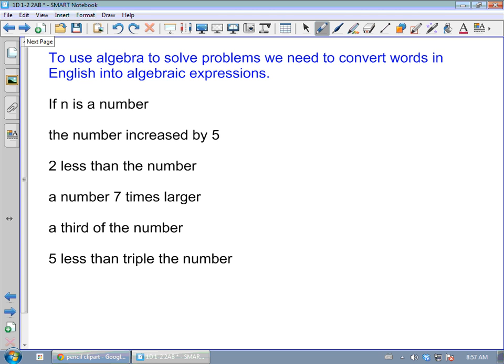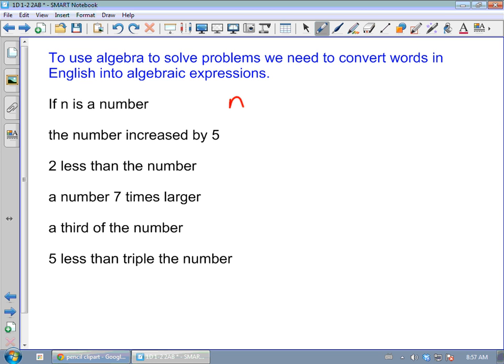Now, where we're going to use these things, we want to use algebra in order to solve problems. So often we are given a problem which is described in words, and we want to convert it into some sort of an algebraic expression. So usually we start by choosing our variable, or our letter here, to represent something. So in this case, we're just going to have our variable n represent some number.